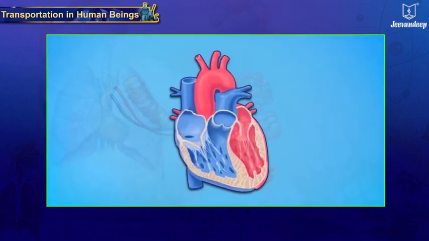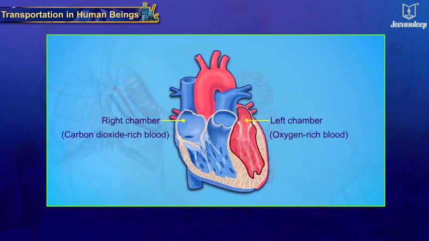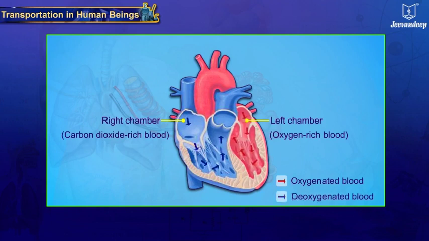The human heart has the left and right chambers to prevent oxygen-rich blood from mixing with the blood rich in carbon dioxide. The left half of the human heart carries oxygenated blood, while the right half carries the deoxygenated blood.